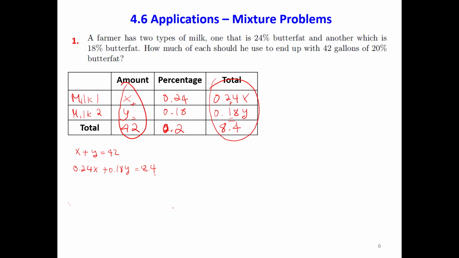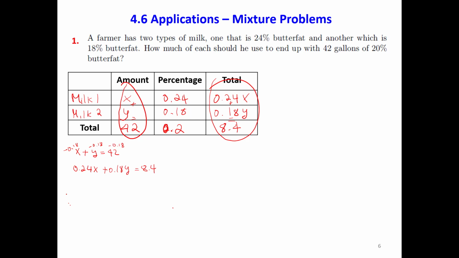Then let's multiply the first equation by negative 0.18 to eliminate Y.